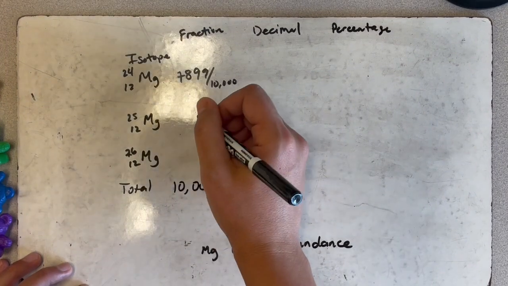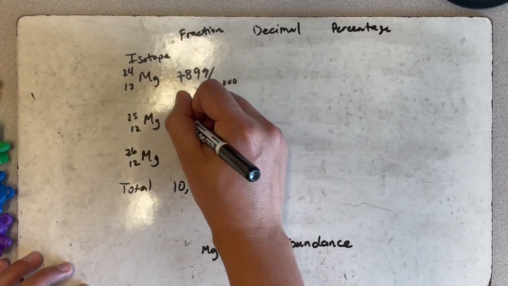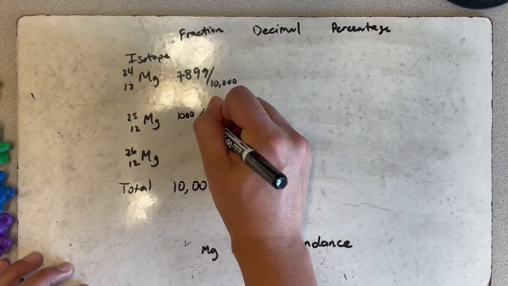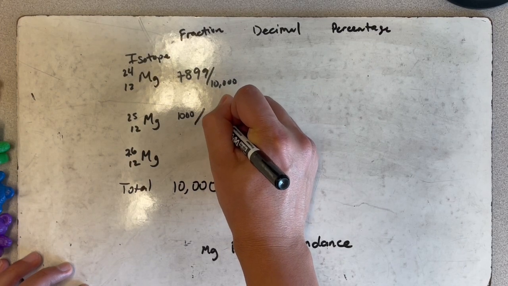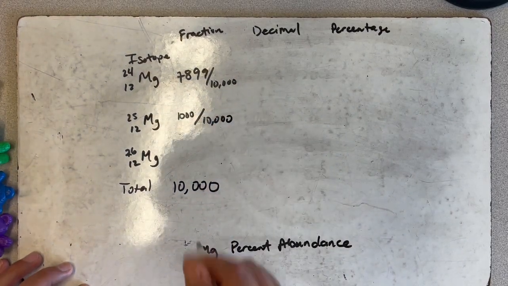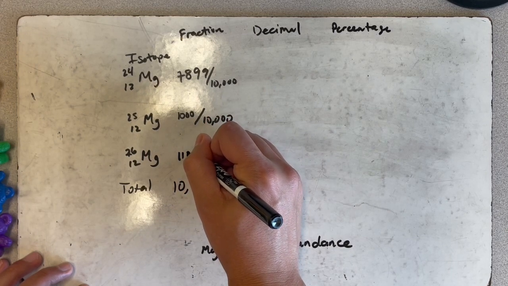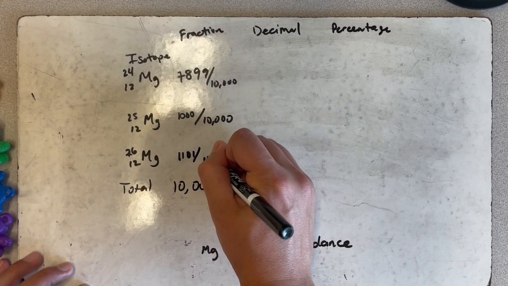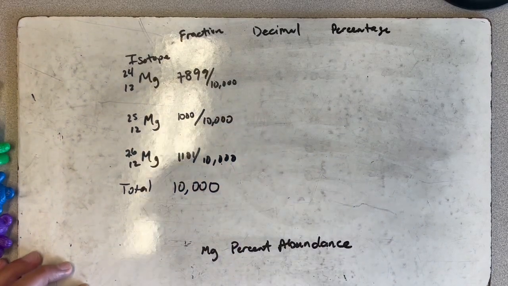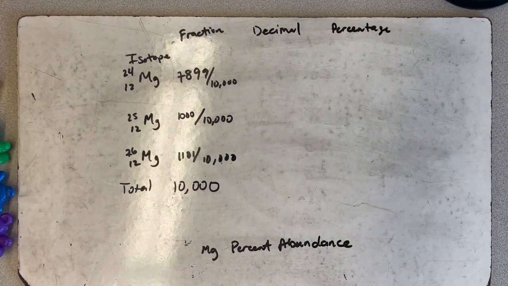And then for magnesium 25, there are 1,000 of these out of the 10,000 total. And then for magnesium 26, there are 1,101 out of 10,000 total atoms of magnesium.